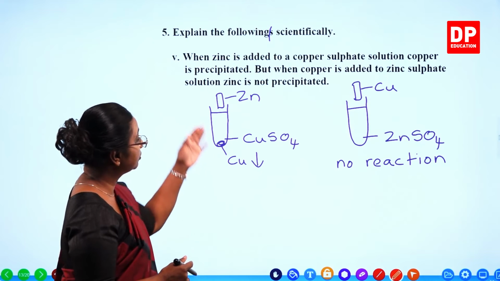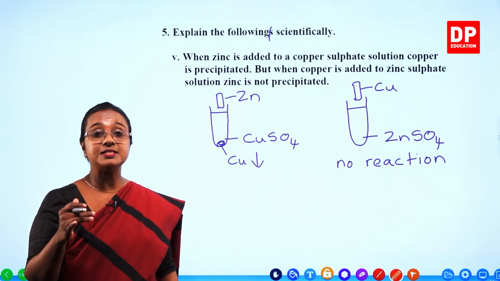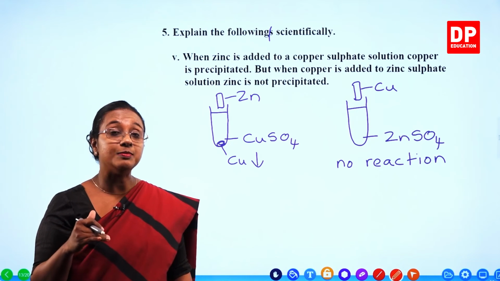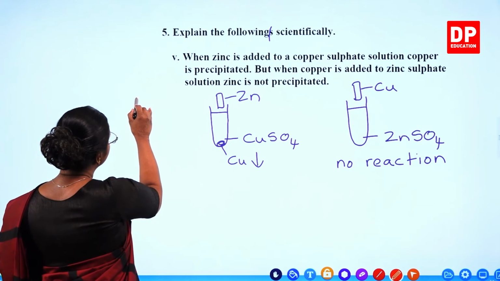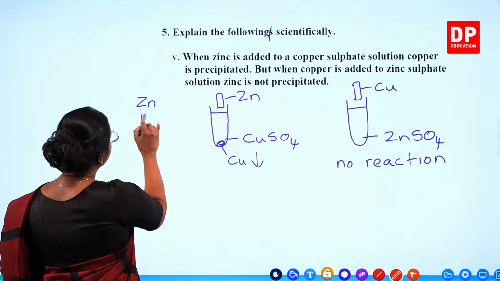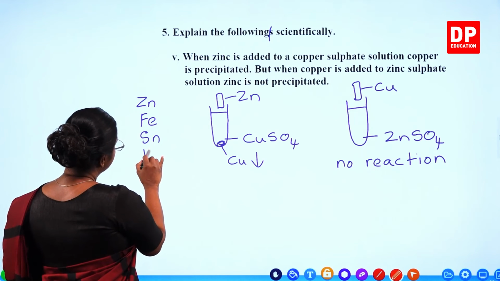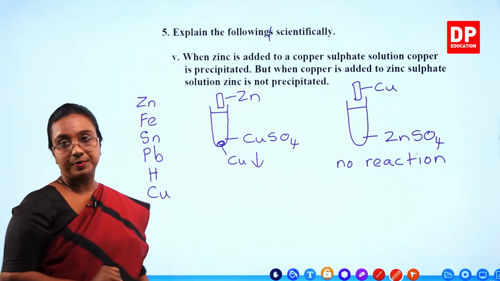Again, related to the activity series. If you can remember the order of metals: potassium, sodium, calcium, magnesium, aluminium, zinc, iron. So, if I write those metals, we have zinc, iron, then we have tin, lead, hydrogen, then we have copper.